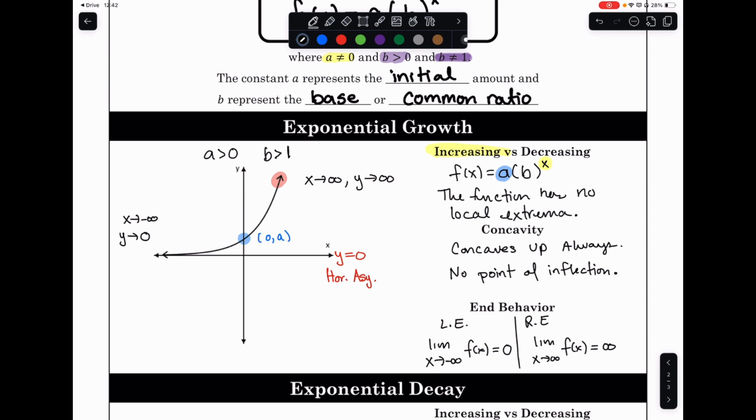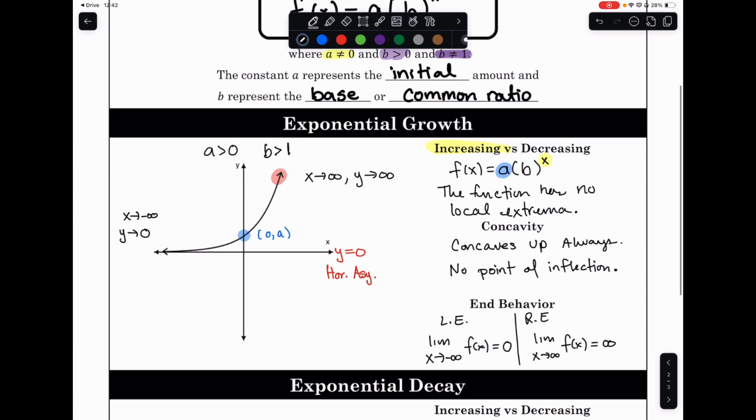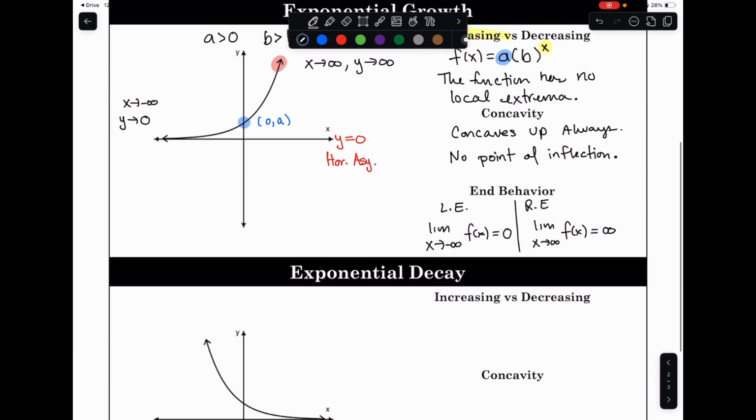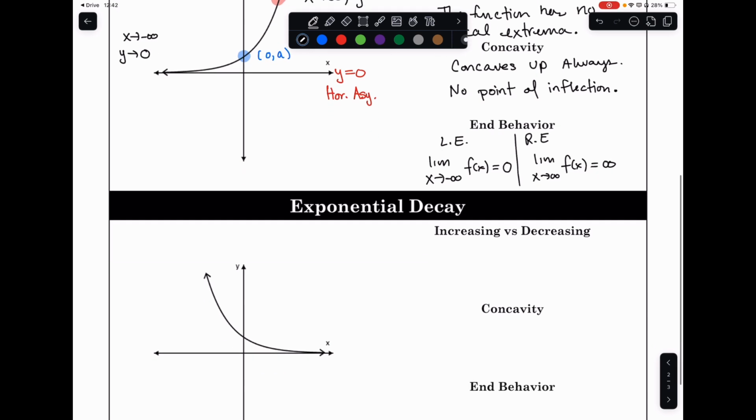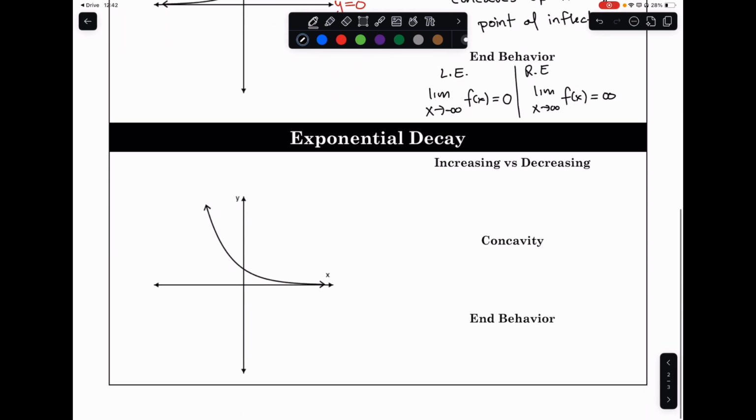Okay, now let's look at an exponential decay. An exponential decay function is going to result in a function that is decaying, so it's decreasing from left to right. The notation for such a function looks the same way.